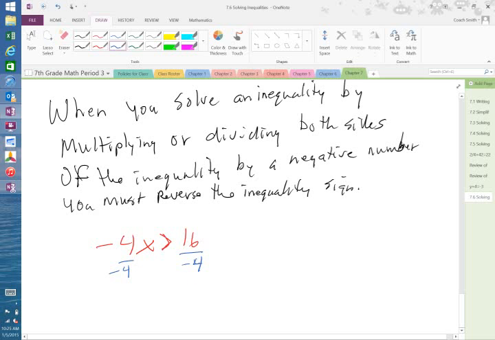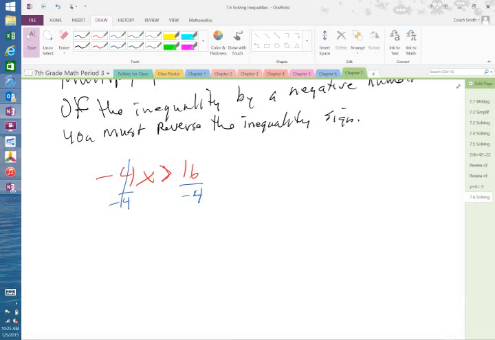So these cancel. That gives me x greater than negative 4 into 16 goes how many times? Negative 4 times. If I just leave it just like it was a normal problem with dividing by a positive 4, then x can be greater than negative 4.